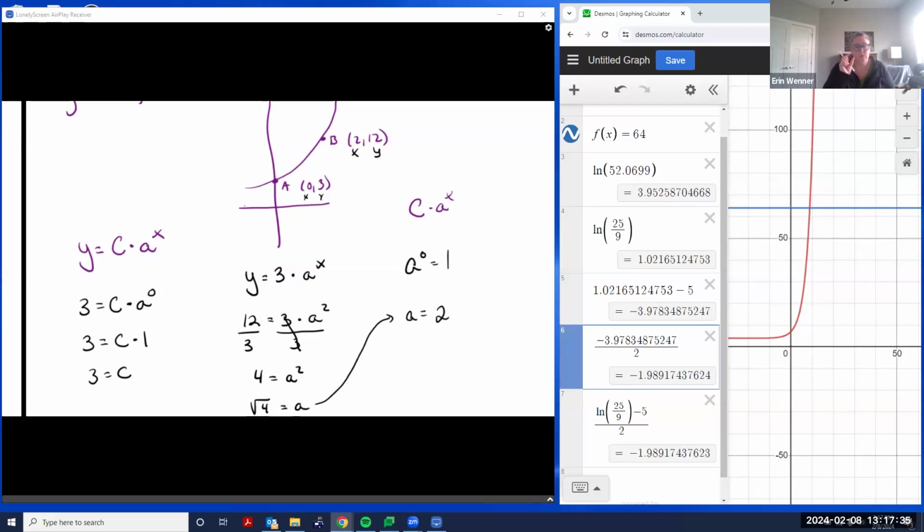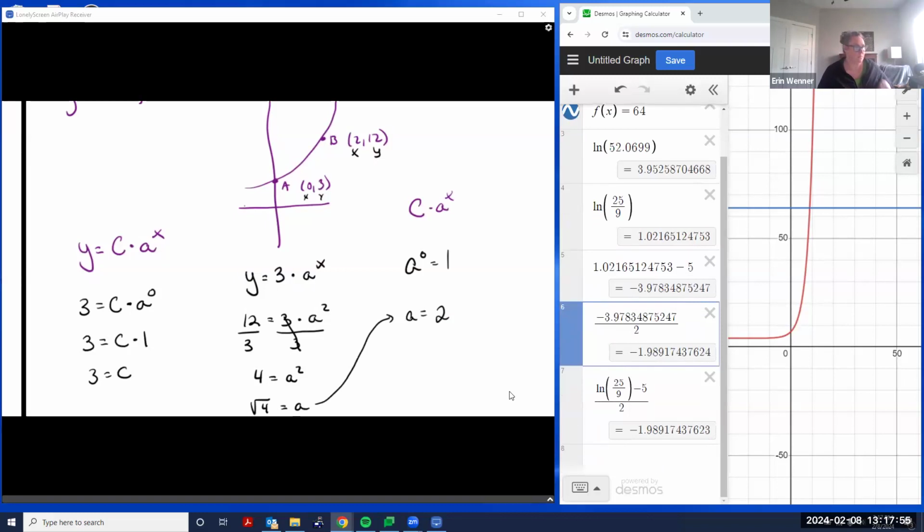So we are going to use the positive root here, okay? I know that there's both a positive and a negative root. We will limit our answers to the positive root, okay? So why would I want to do that? Let's write our equation and then we'll look at both of them in Desmos. So what I'm coming up with is y equals 3 times 2 to the x, right?